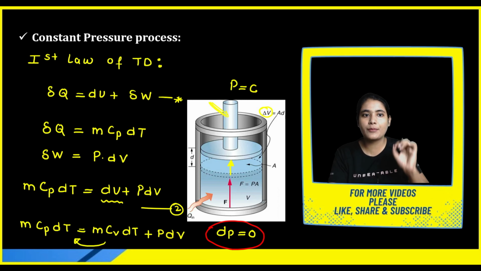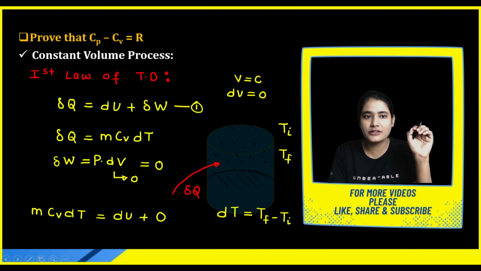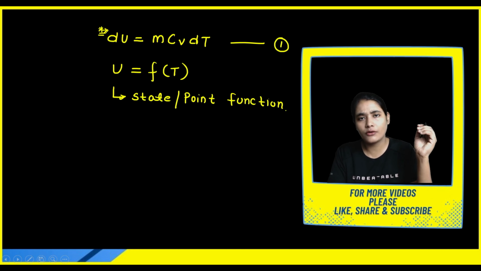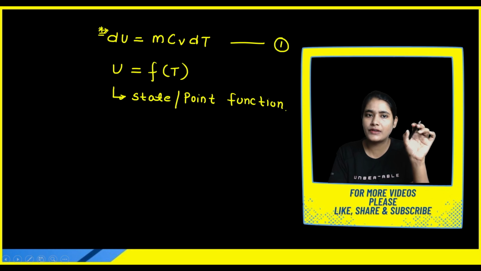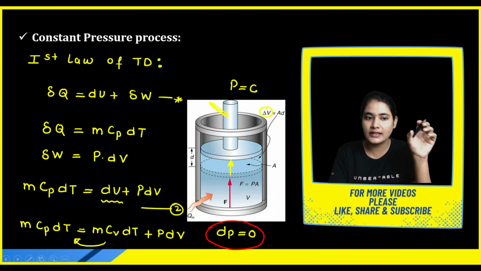I hope you get a proper idea of what we did. Try to summarize it with me. First we considered a constant volume process. We created one expression with the help of the first law of thermodynamics, and internal energy is a function of temperature, so the expression holds irrespective of the process. Now we considered a constant pressure process and applied the first law again.